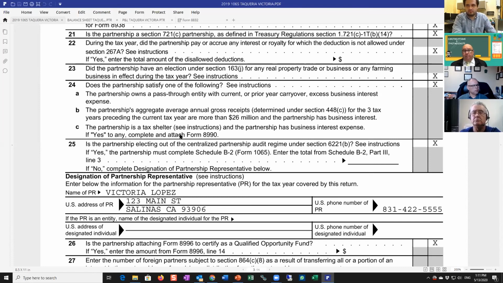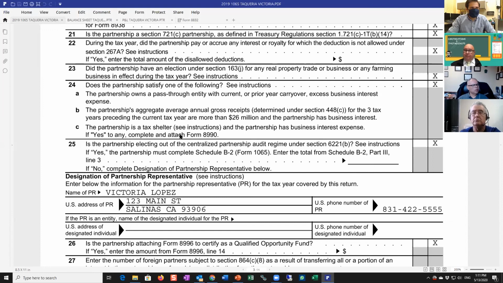Now, B might apply, especially in California, because you may have a very successful business that doesn't quite hit the $10 million limit, but you may have, let's say, 9 million worth of sales 3 years in a row.